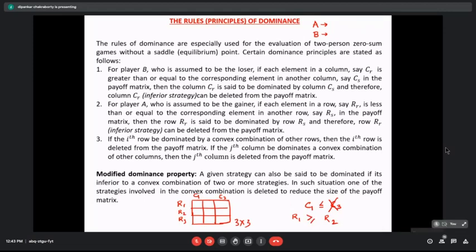Then, as this is for player A, I am going to delete the minimum row. Since R1 is greater than or equal to R2, in this payoff R2 has the minimum, and as A tries to maximize his profit, A will always keep R1. Is it okay to all of you?